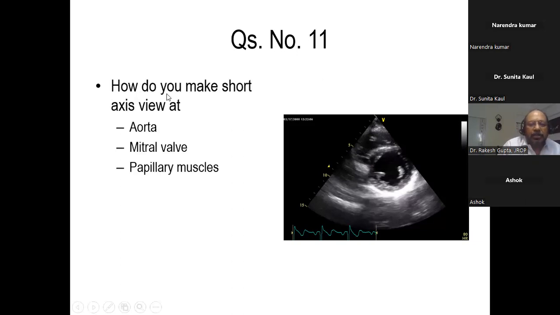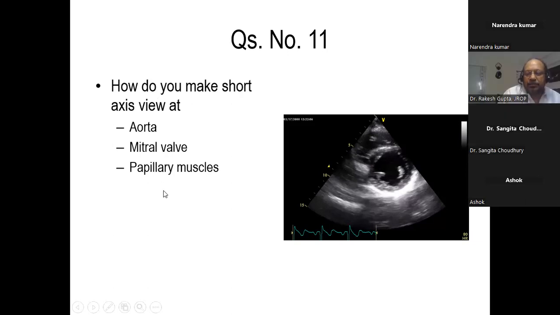Sir, how do you make the short axis view at the aorta, mitral valve, and papillary muscles? First of all, where do you keep the probe? Sir, from the PLAX view I'll be doing it.